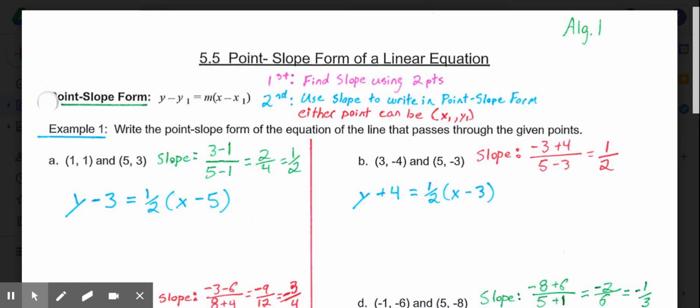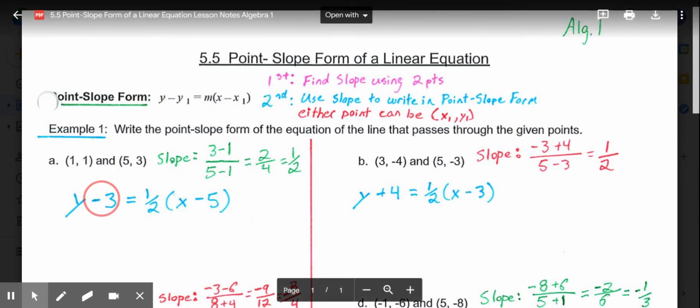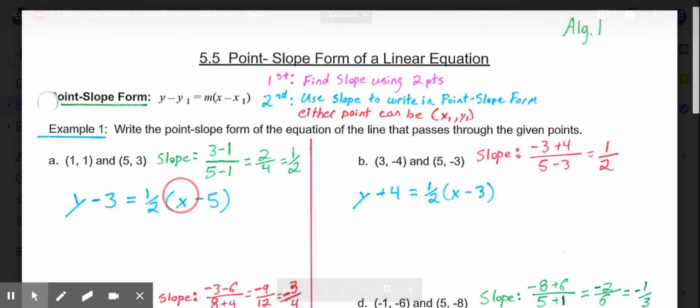What eventually gets replaced in our equation is the y1, the m, and the x1. The first y and the first x here stay as variables in the final equation. So it's going to be y minus something equals a number, then in parentheses, x plus or minus something.